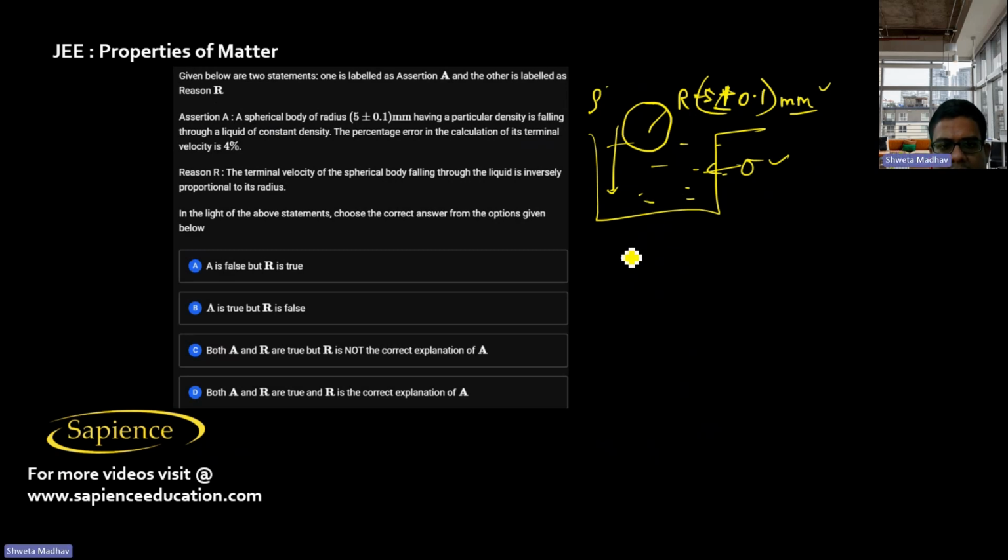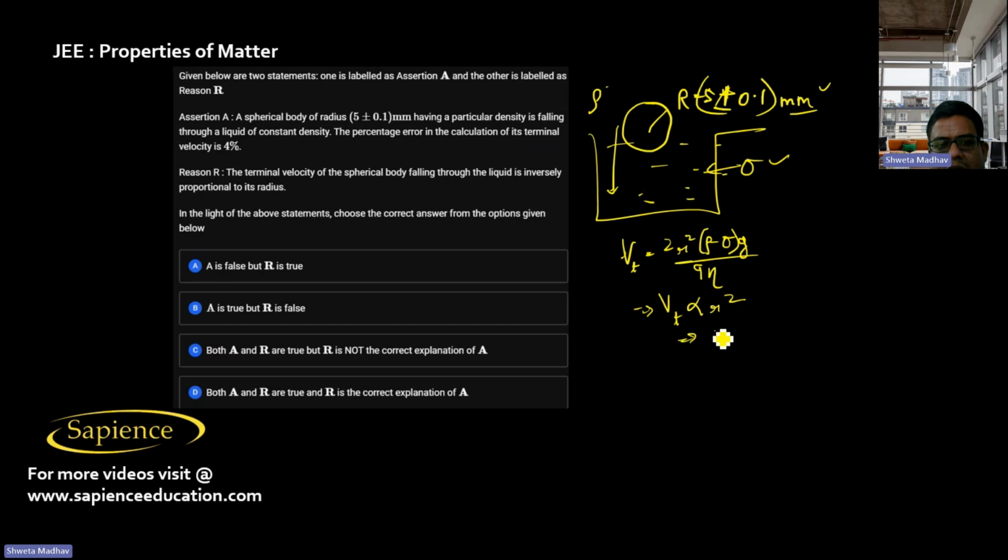So the terminal velocity is given as 2r square (rho minus sigma) g by 9 eta. Now therefore we can see that the terminal velocity is directly proportional to r square.